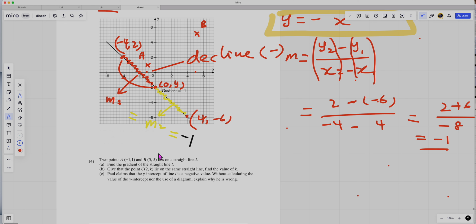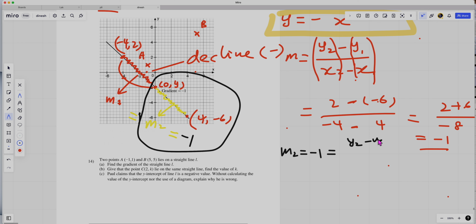Okay, so that helps you to solve. Right? So you can either use this one to find the y, or you can use this one to find the y. Let me use the back. Right? So gradient 2 is equal to -1, is equal to y2 minus y1, I still use the formula, over x2 minus x1, right?